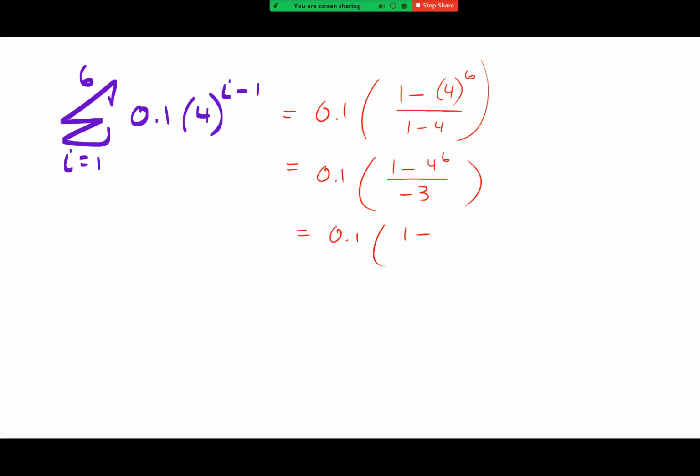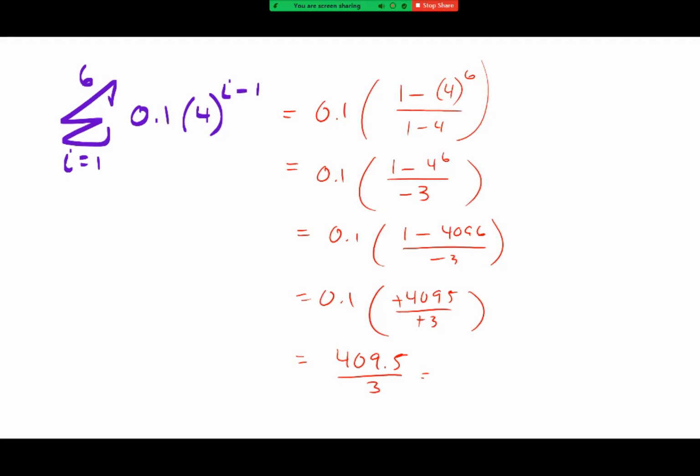So 1 minus 4096, over -3. So we're getting there. Negatives cancel each other out. 1 minus that will be -4095. Is that right? Divided by -3. Negatives cancel out. Let's see, multiplying that by that would be 1365, something like that.